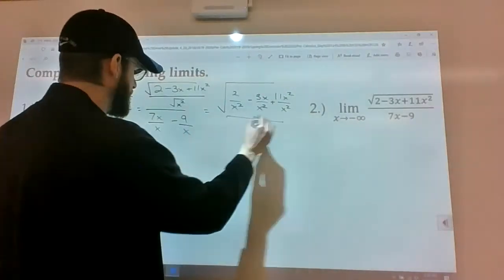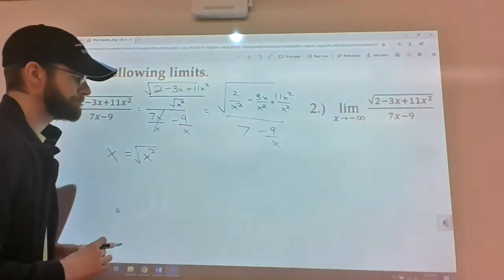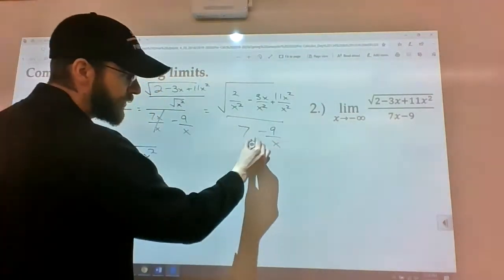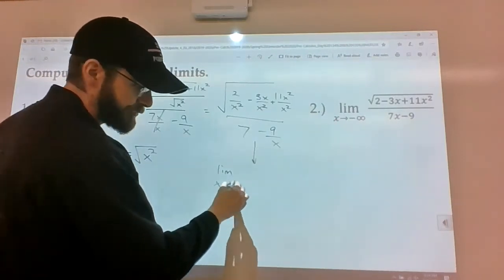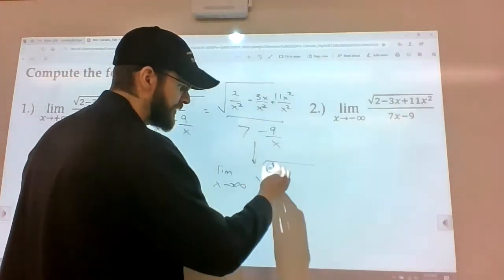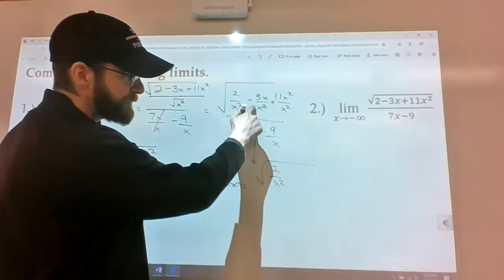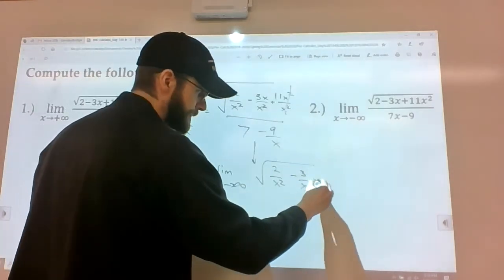And then the bottom's going to be 7 minus 9 over x. Now, when we investigate that further, and again, we're talking about a limit here, so perhaps I should bring the limit back. You've got 2 over x squared. This becomes minus 3 over x, and this is just straight up plus 11.